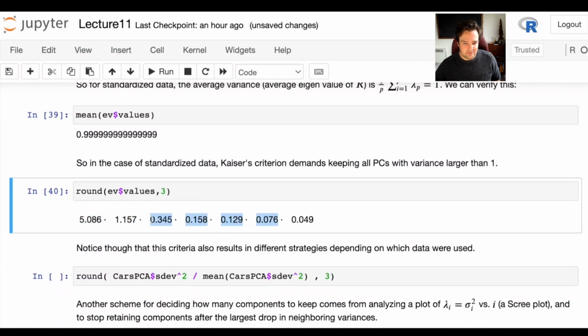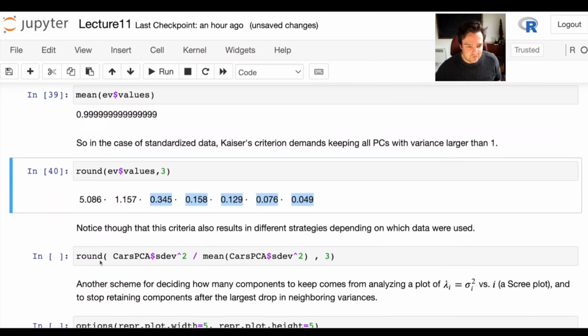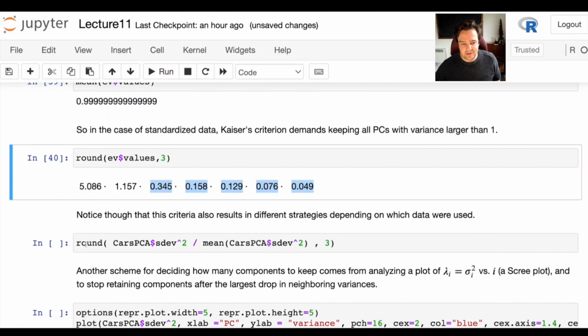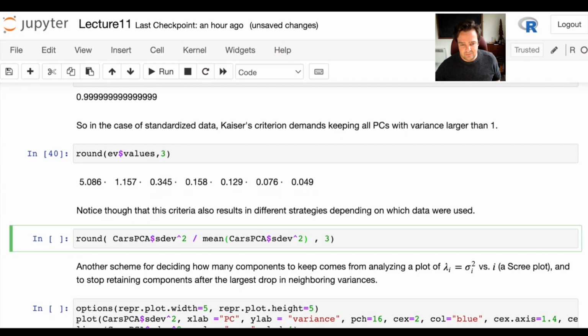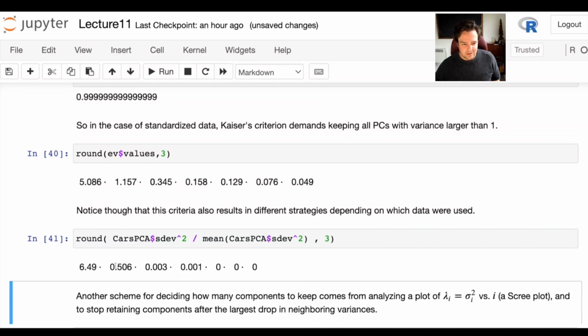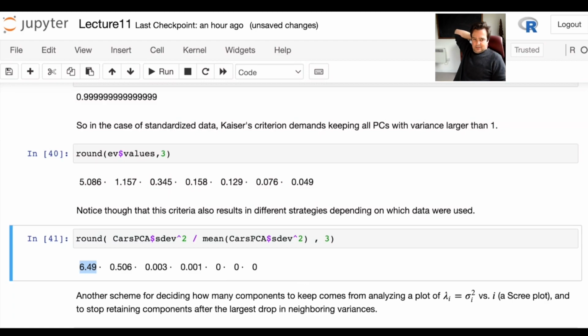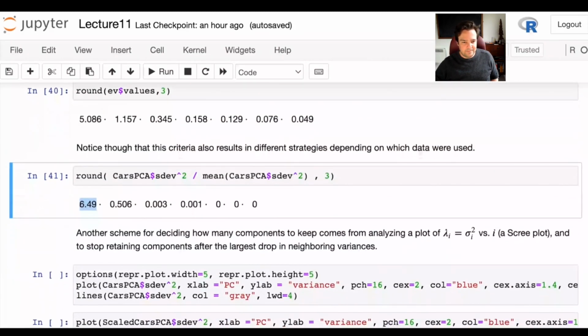And you don't need these. If you tried to use the unscaled data, here I have to manually compute the average of the unscaled variances. And what you get is you should again keep only 1. So you get a different prediction using Kaiser's criterion.